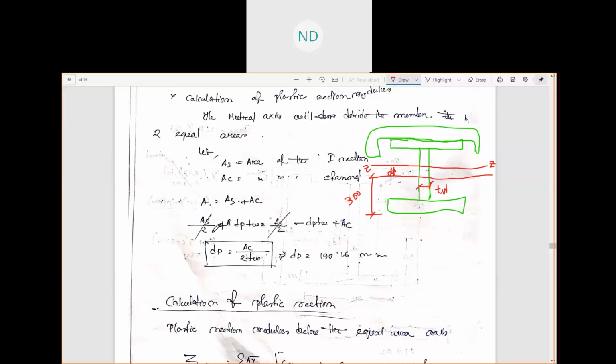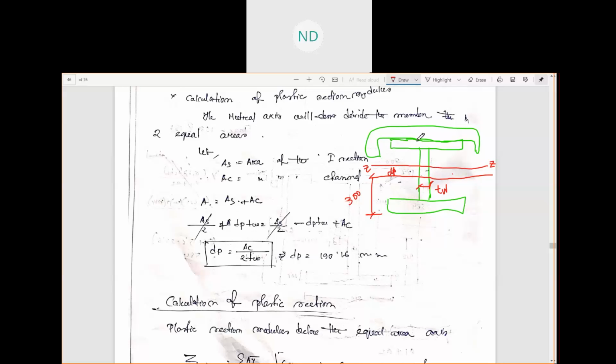So the bottom portion area of the I section below this axis is obviously half of the area of this I section plus dp into tw.